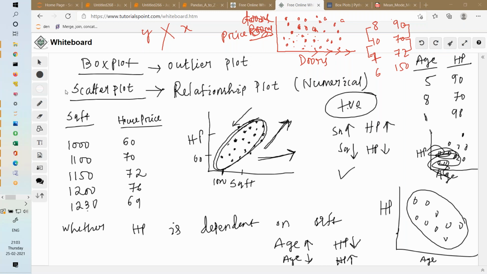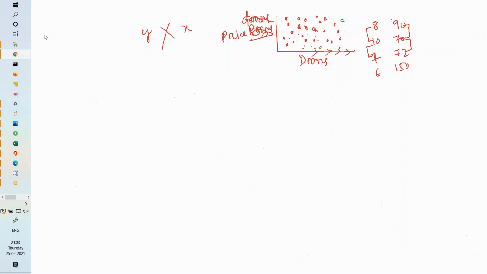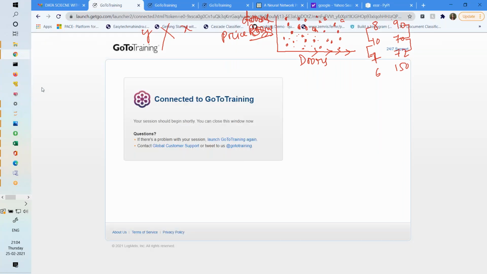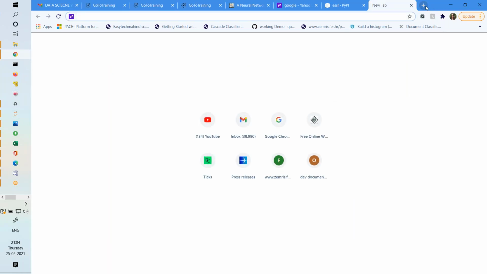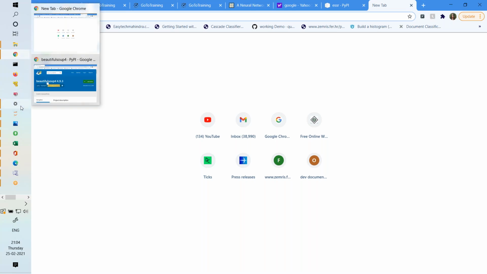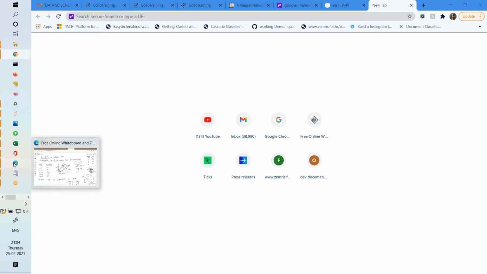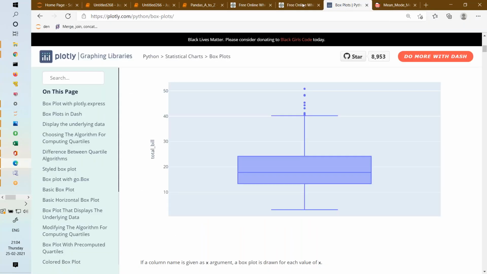So how to do it is easy. We will discuss that in tomorrow's class. I can show you some example. Let me erase everything, right? Here, instead of box plot, this library we will see, don't worry.